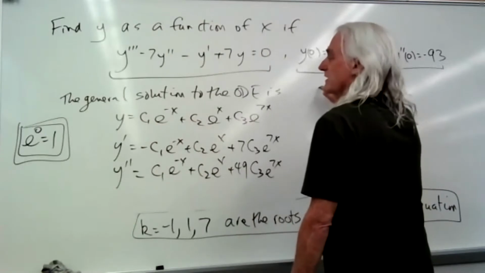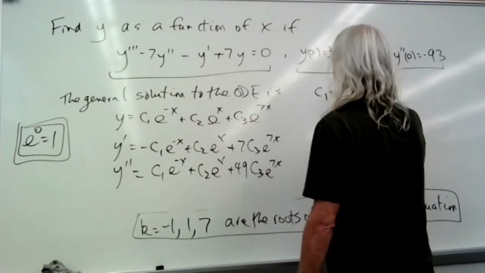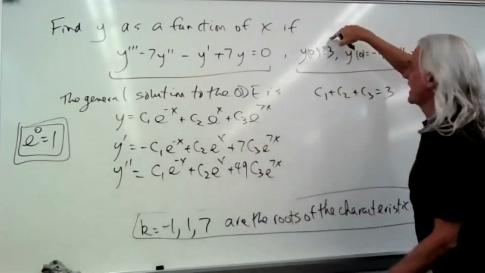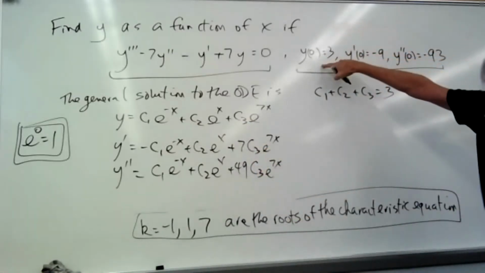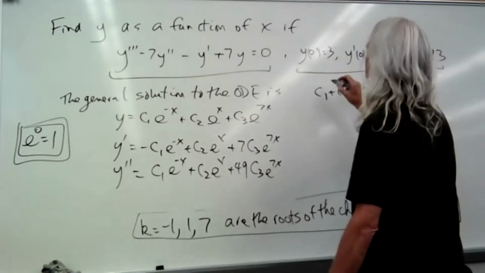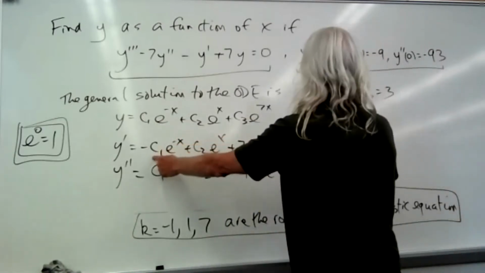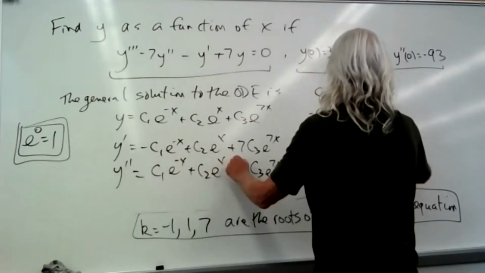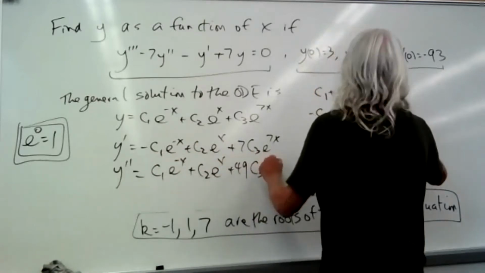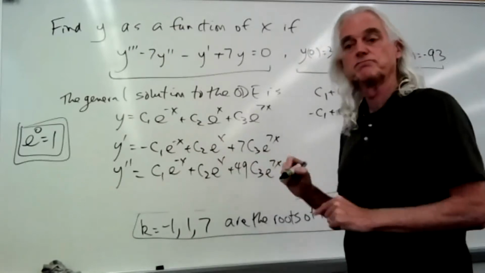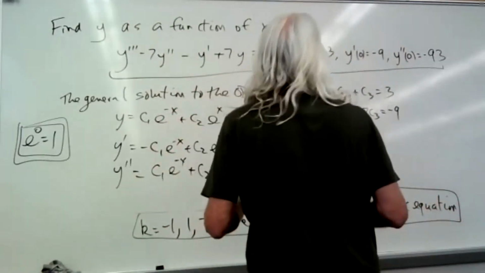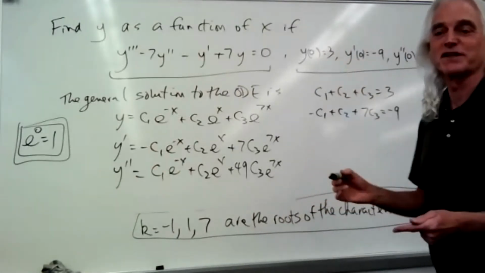So I get C1 plus C2 plus C3 equals 3. That's the first initial condition. The second initial condition is negative C1 plus C2 plus 7C3 equals -9.